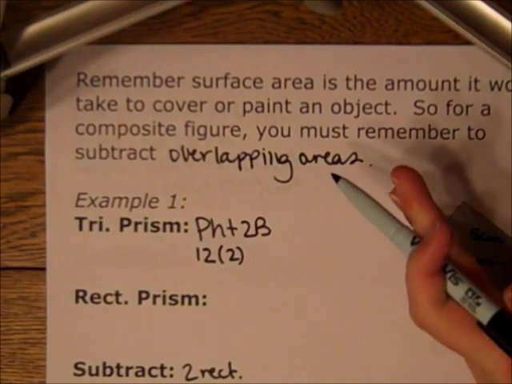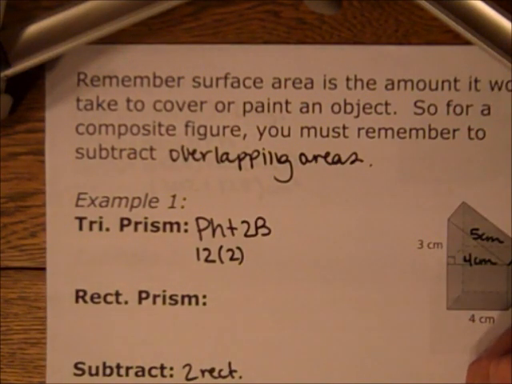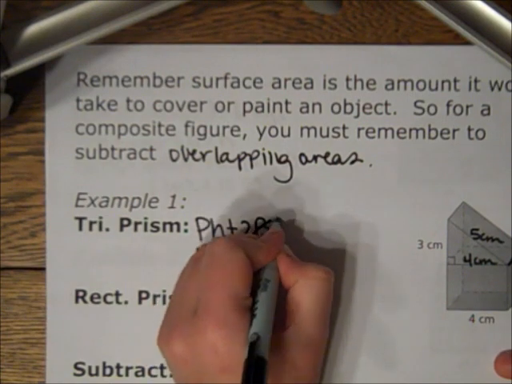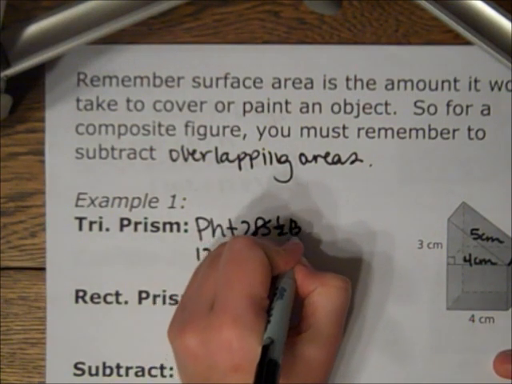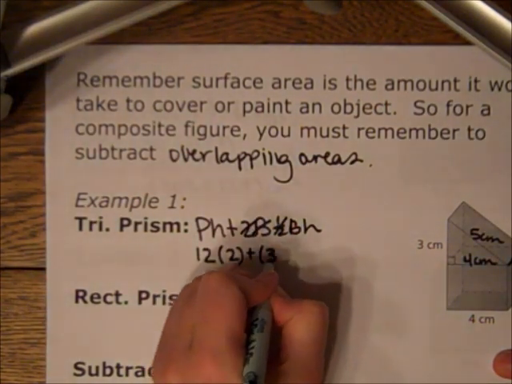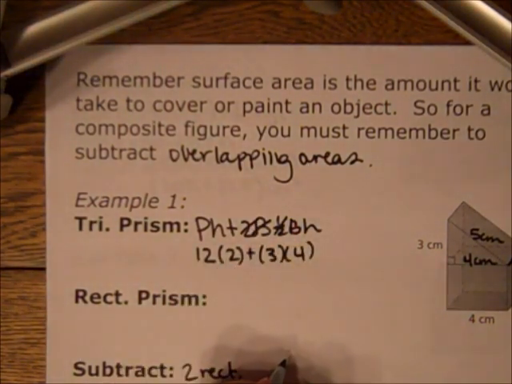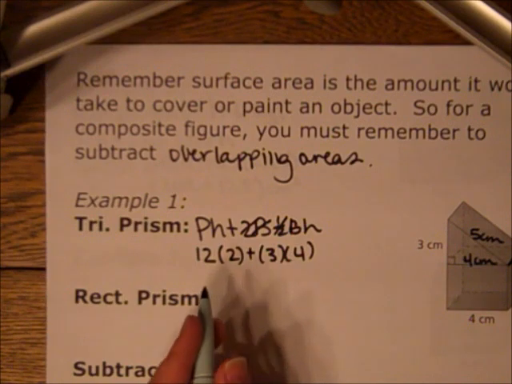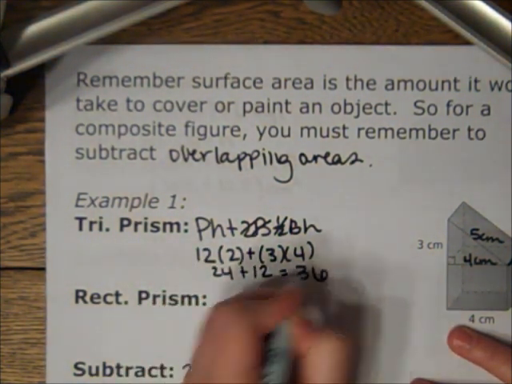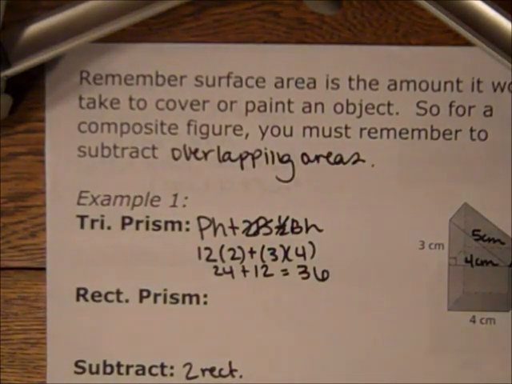So if the triangle is here and here, then this would be the height of the prism, which would be 2. Plus 2B, so this is 1/2 BH. The 2 and the 1/2 cancel out. The base is 3 by 4. So we have 24 plus 12 is 36 for the triangular prism.